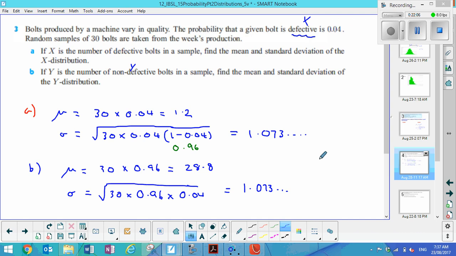If we looked at a distribution, this one is centered around 1.2, with the tail out that direction. This distribution will be out at 28.8. So that's the average for that option. Same spread. They're the same.